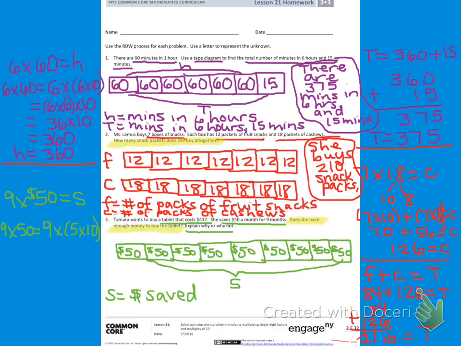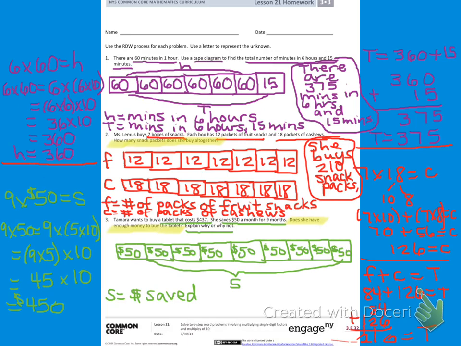Because 5 times 10 is 50. I can use the associative property of multiplication to change the placement of the parentheses and write it again this way. 9 times 5 times 10. We know that 9 times 5 is 45. And then bring down the times 10. And when multiplying by 10, all I do is put the number that I'm multiplying it by and then throw on one more 0. So S equals $450.